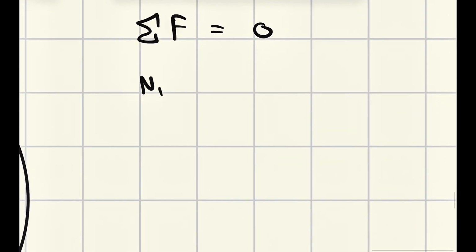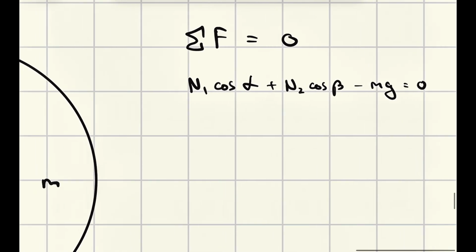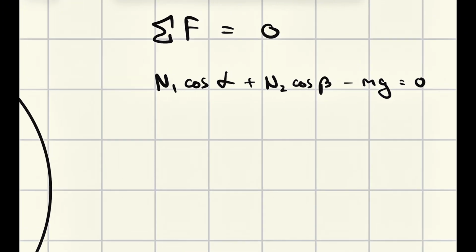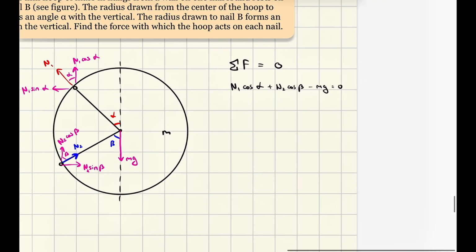So, working with the y direction: N1 cosine alpha plus N2 cosine beta minus mg equals 0. Because it's not moving, they're in equilibrium. We can move mg to that side and we'll have some formula, but for right now it's not that important.